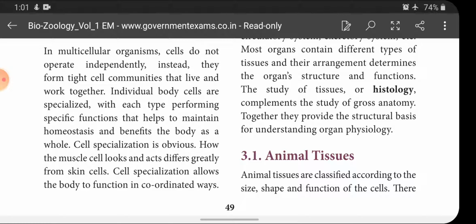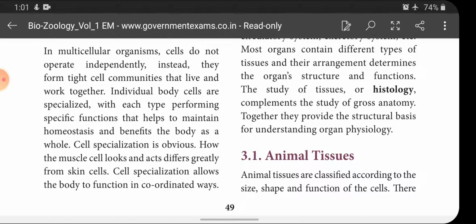That means the cells unite together, form tight junctions, and all the cells form a community and work together.